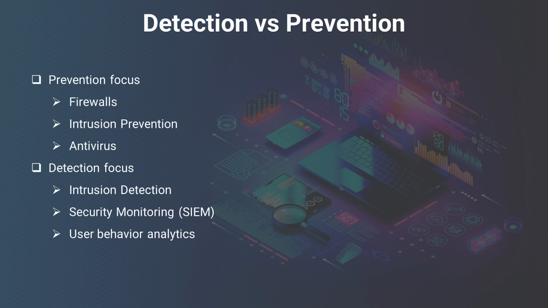Detection is critical because it allows organizations to identify and respond to security threats quickly, minimizing the potential damage caused by an attack. Detection and prevention work together to provide a comprehensive approach. While prevention focuses on stopping the threats from occurring in the first place, detection focuses on identifying security threats that have already occurred. So by implementing both detection and prevention, organizations can have a more comprehensive and effective security strategy.